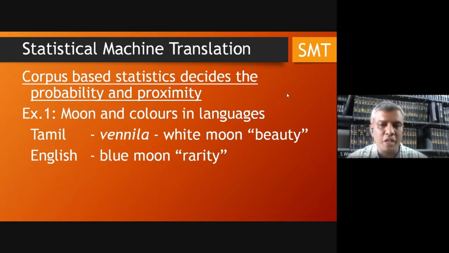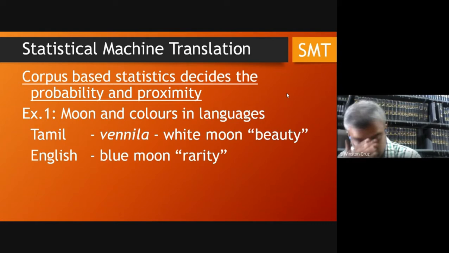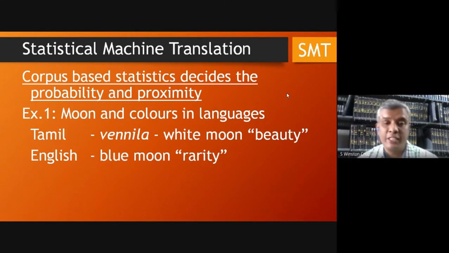It was round shaped, and vanilla always means the Purnima, full moon. You don't see vanilla on Amavasya. So it's always the round shape, the bright, silver lining. So it represented beauty. So white and moon is common in Tamil, the combination of white and moon as a compound.